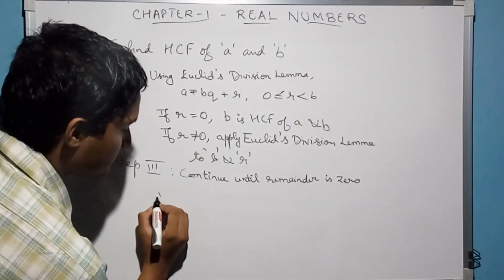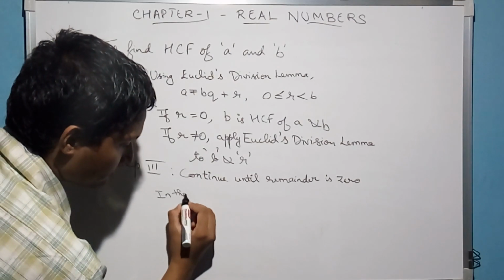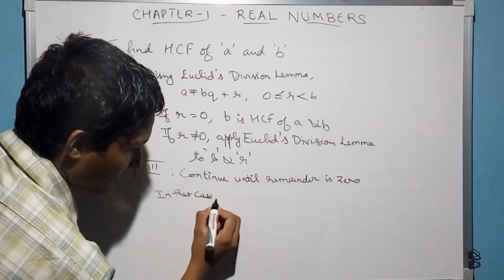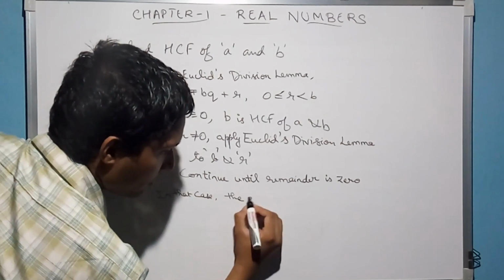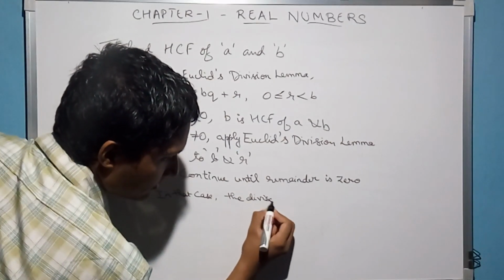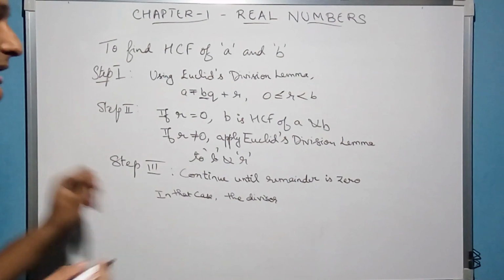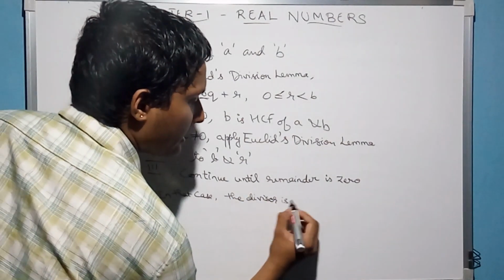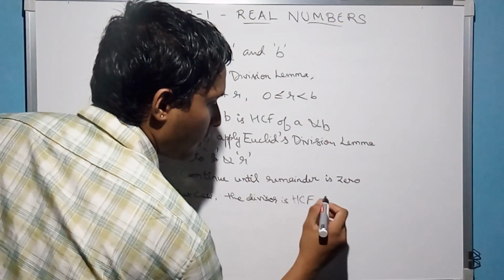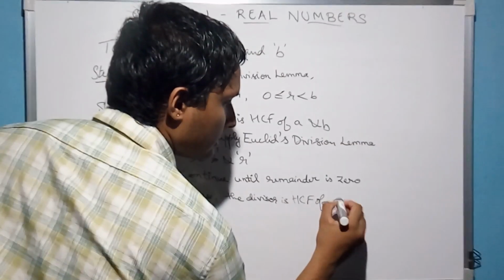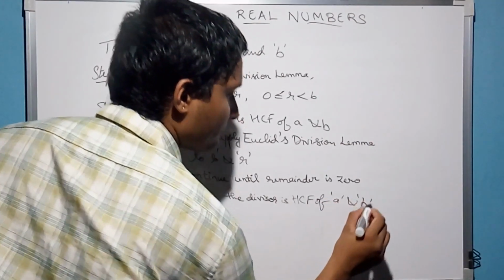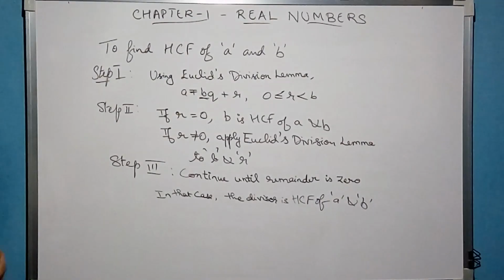In that case, the divisor, what do you call the divisor here? Divisor is the b. The b at that stage is the HCF of the given numbers, that is a and b. Yes. Now we are going to have an example.